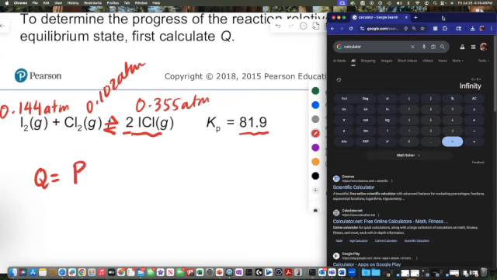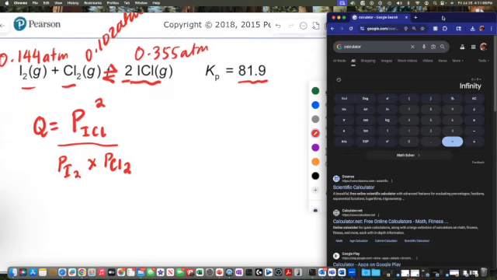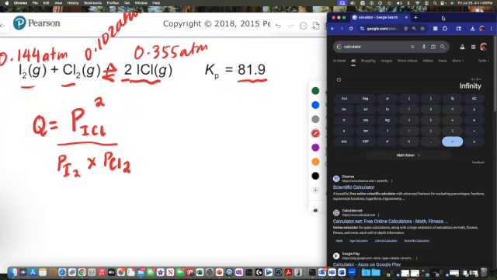You have to write the pressure of ICl raised to the power 2 divided by pressure of I2 times pressure of Cl2, right? And this is balanced. Okay, so I'm going to plug in the numbers here for our Q. Pressure of ICl will be 0.355. You're going to square that. And then atm, of course, squared.